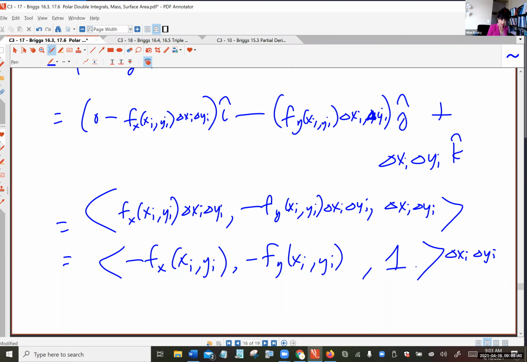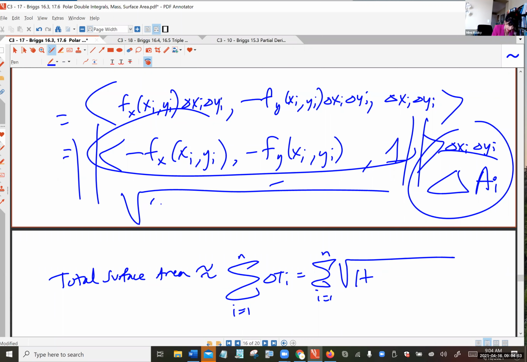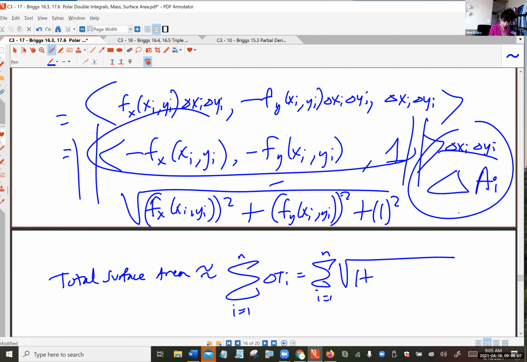Skipped a step there. So the magnitude of this is the square root of the sum of the squares of each and every one of these components, right? And when you square a negative, you guys know it goes positive. So I'm not going to bother putting the negative. So here's your surface area element, delta A sub I. So you're going to go, oh, and that's the area of the parallelogram.